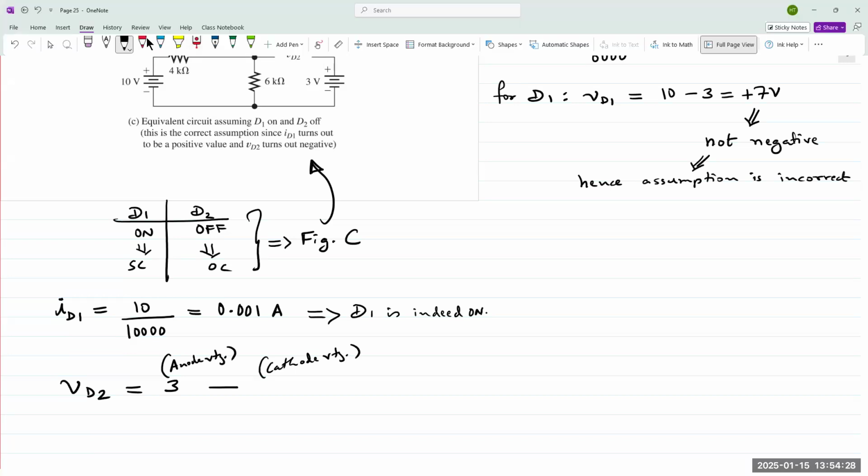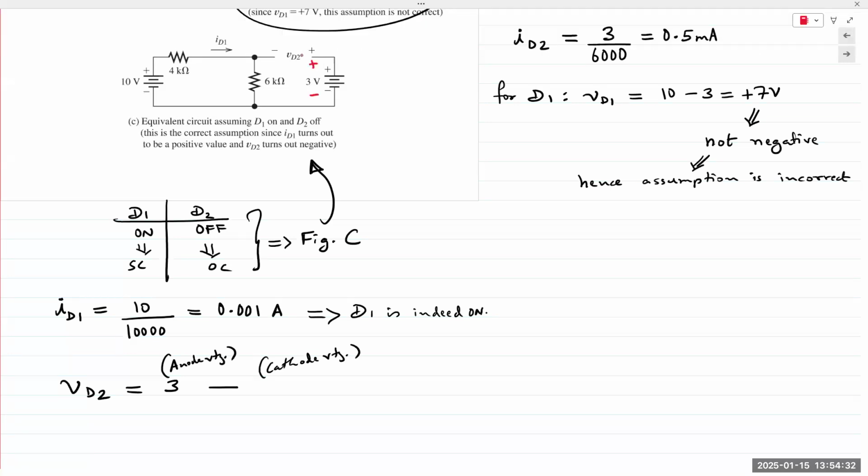The anode here is 3 volts. And the voltage at the cathode, here 4 volts? Close, but not quite. It will be the value of the voltage across the 6 kilo ohm resistor. Make sense?